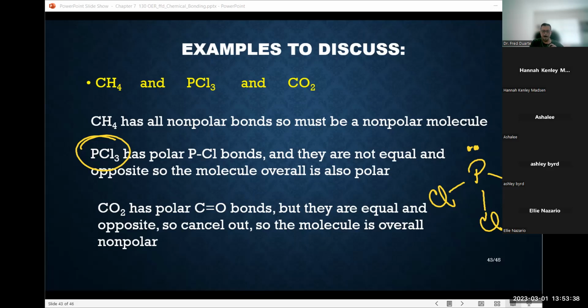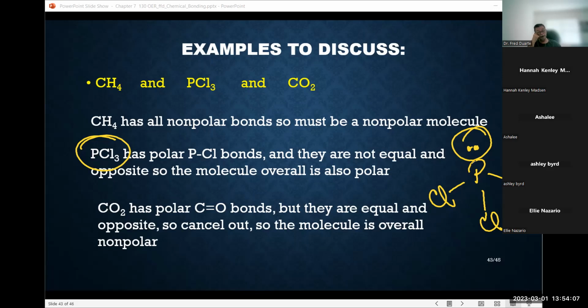A good general guideline for you: whenever you have lone pairs on the central atom, and you only know that by doing the Lewis dot structure, automatically that molecule is polar. Again, because the lone pair takes up more space, and it doesn't give the opportunity for any of the other polar bonds, if it has polar bonds, to cancel out.